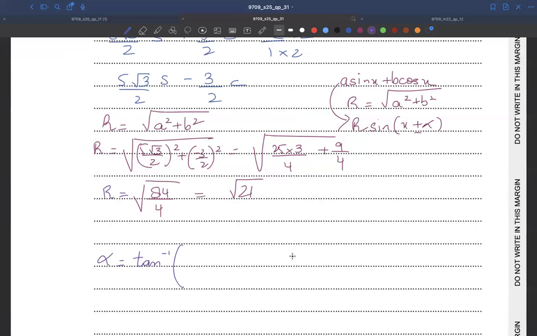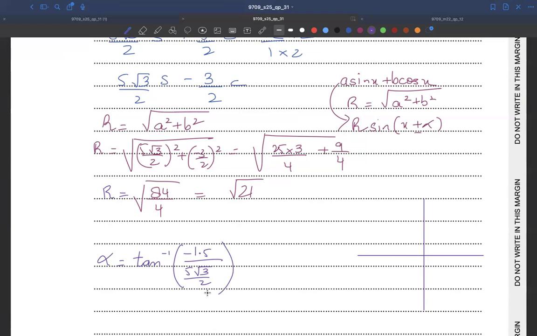So this is minus 3 by 2, or minus 1.5, divided by 5 root 3 upon 2. Substituting this in the calculator, and making sure our calculator is in radian mode.